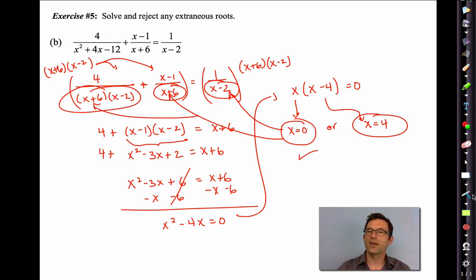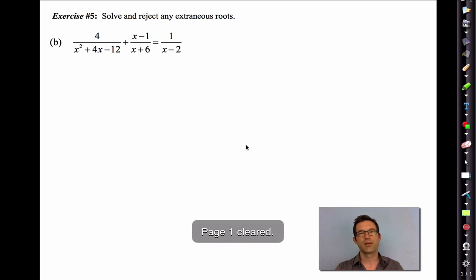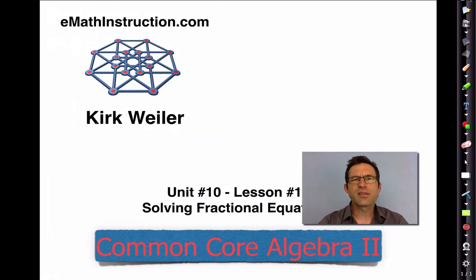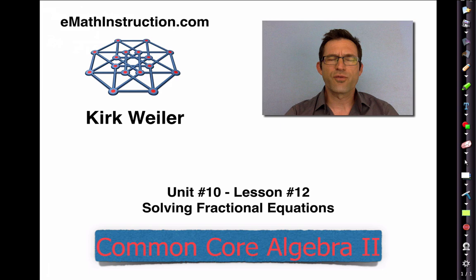Okay, I'm going to clear out the text, and then let's wrap it up. So in today's lesson, we reviewed the process of cross-multiplying, and that's something you should have in your tool bag. That should be, hey, I see a fraction equal to a fraction, I'll cross-multiply. But we also learned a really cool technique, which is to multiply both sides of the equation by something that will cancel all the denominators.